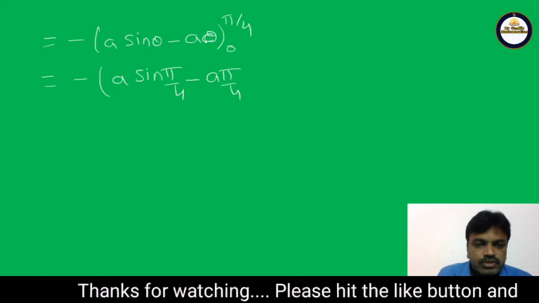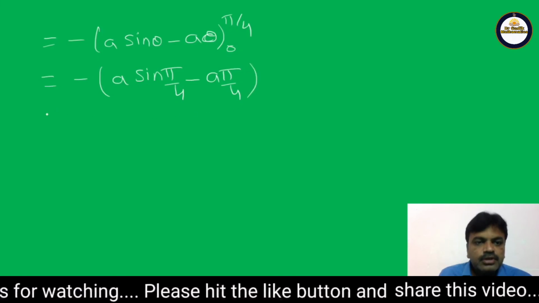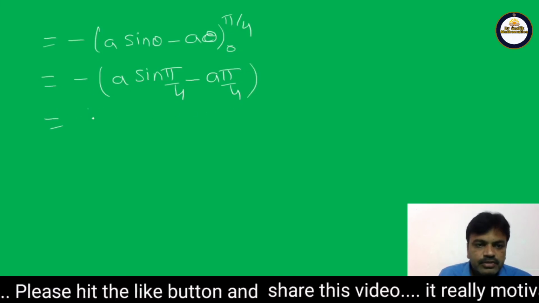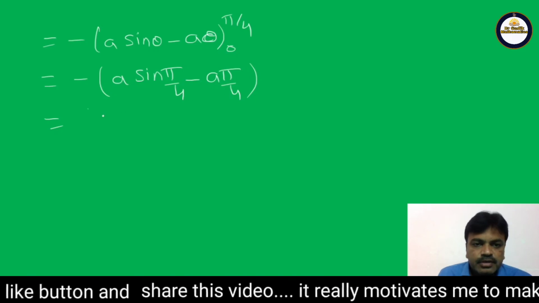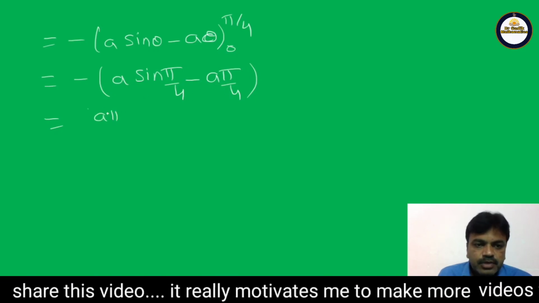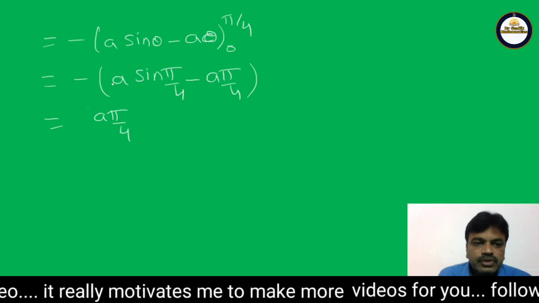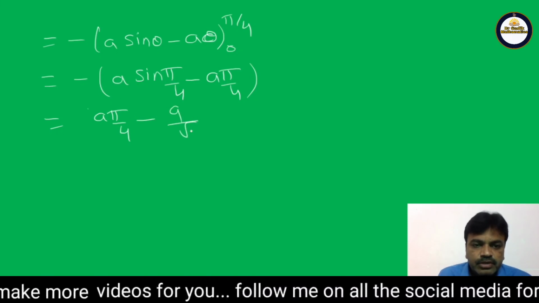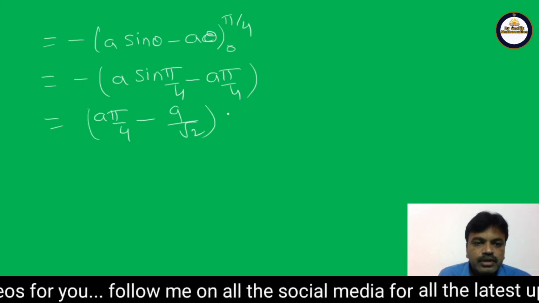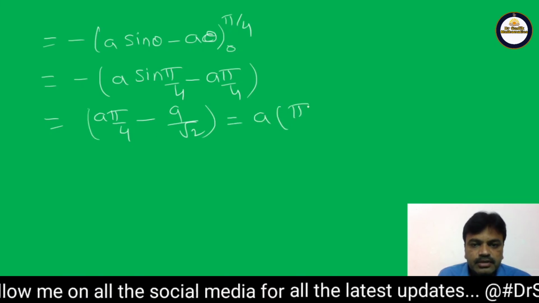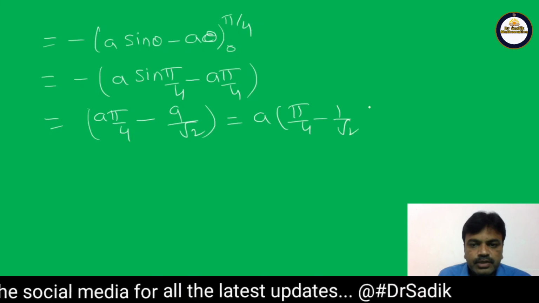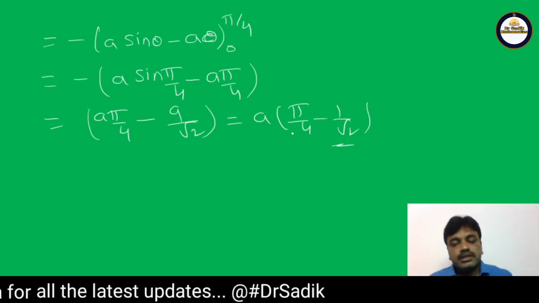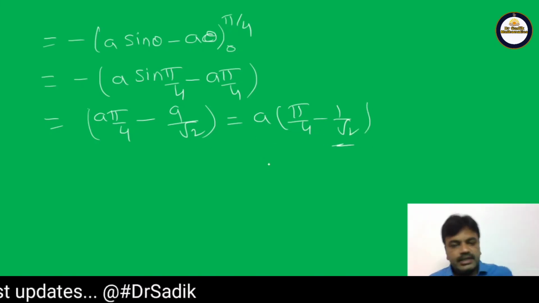Substitute the lower limit: sin 0 is 0, theta value 0 is 0. Multiplying with minus, we get plus here, a pi by 4 minus, sin pi by 4 is 1 by root 2, a by root 2. Taking a common here, we get a into pi by 4 minus 1 by root 2. Okay, this is the value of the given integration, friends.